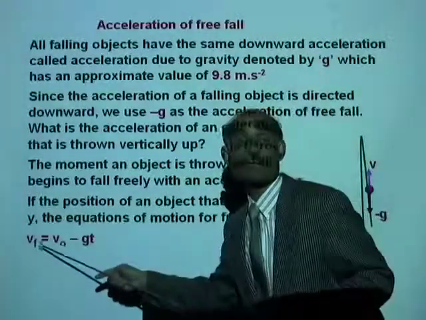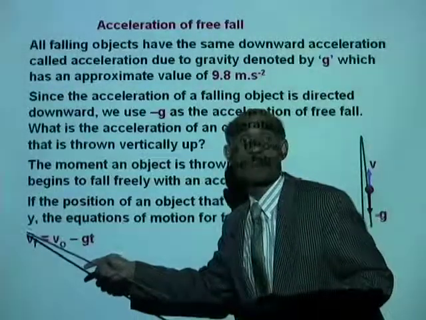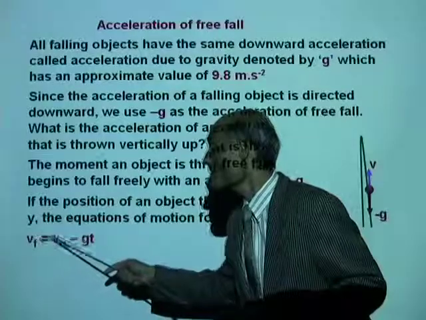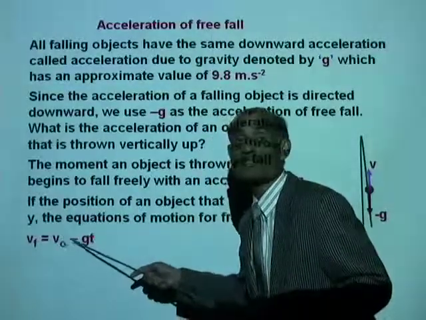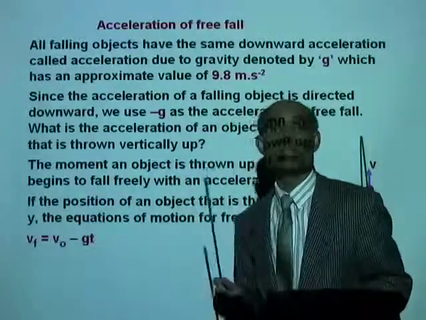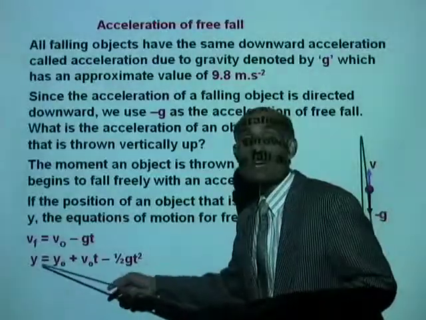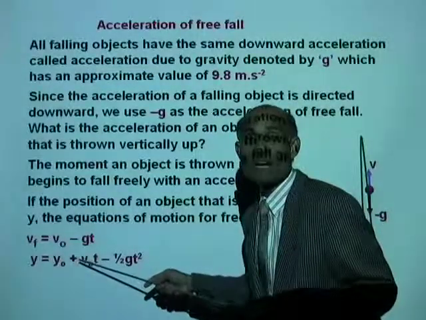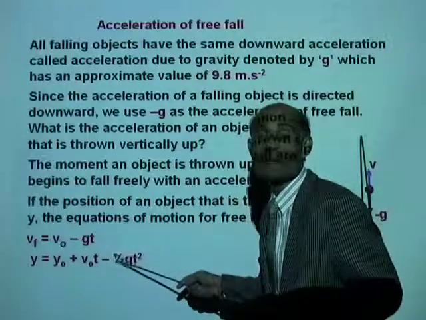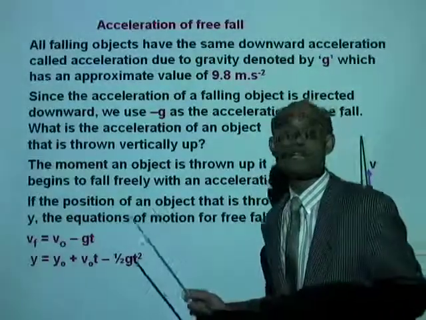So the first equation for a freely falling object is v_f equals v_0 minus gt. The second is y equals y_0 plus v_0 t minus 1/2 g t squared.